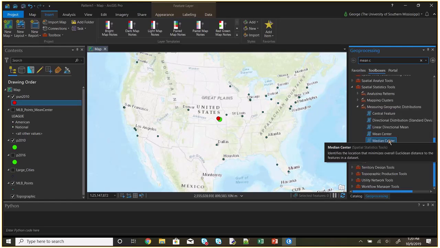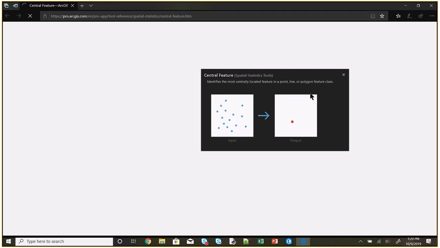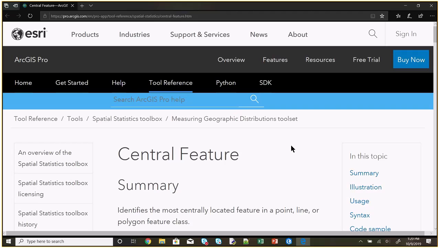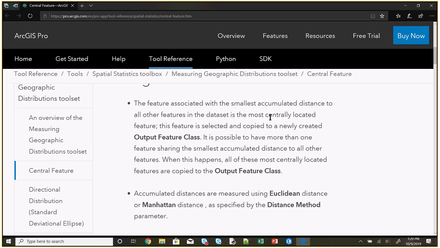And the median center is the one that minimizes the overall distance. You might think those are pretty similar definitions, right? How does this one work? Well, it might be best to read it. The smallest accumulated distance to all other features in the data set is the most centrally located feature.